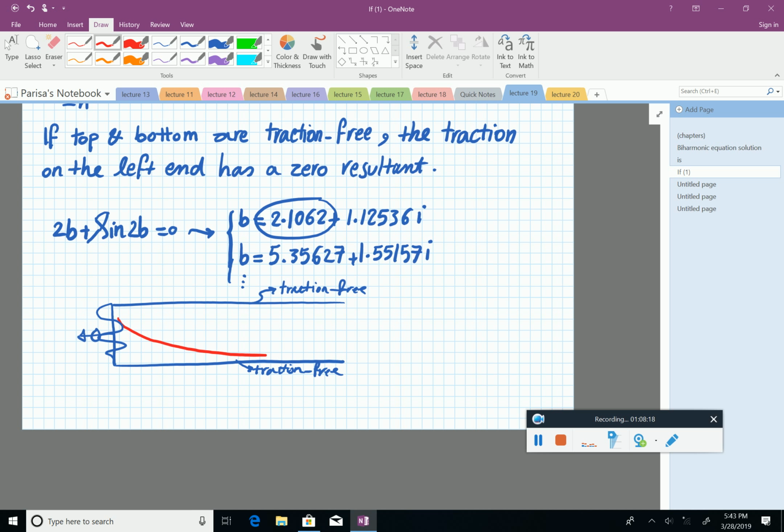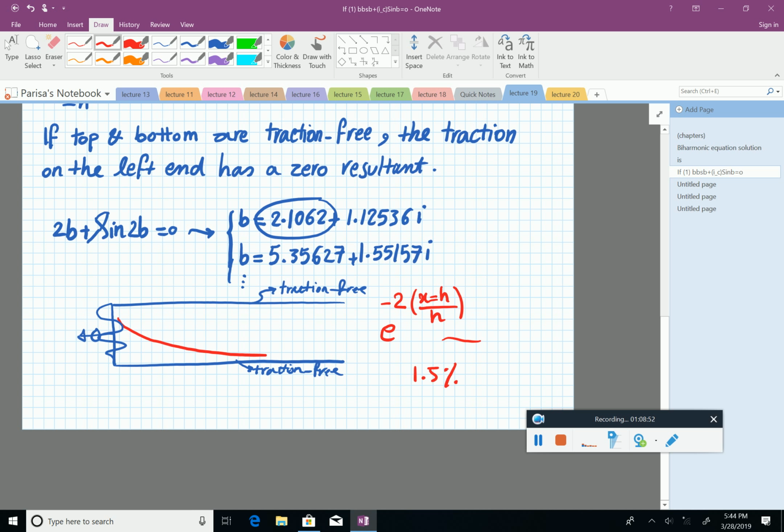This is, for example, one analytical way which you can actually quantify how much a boundary can affect your solution at what distance. For example, if I look at e to the power of negative 2 and I go as much as h away, this solution reduces to about 1.5%.